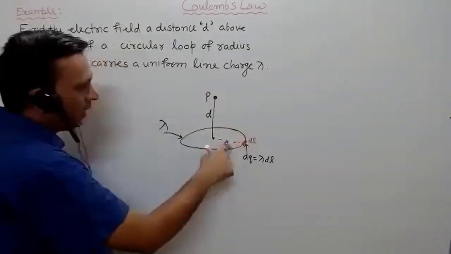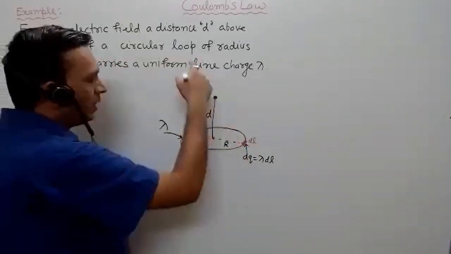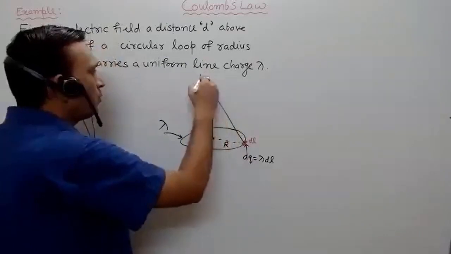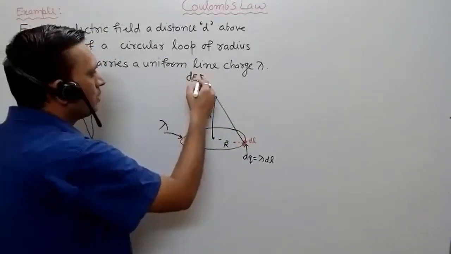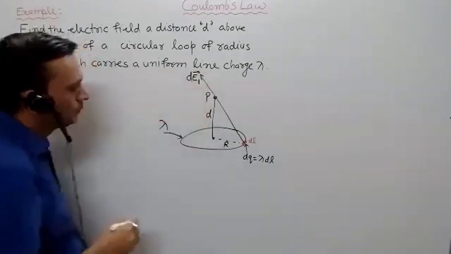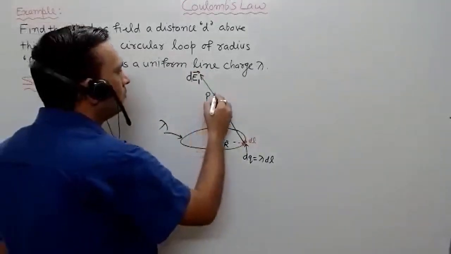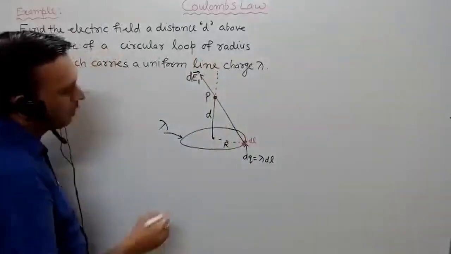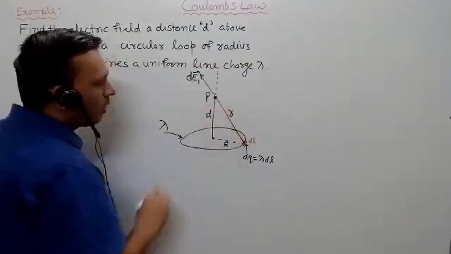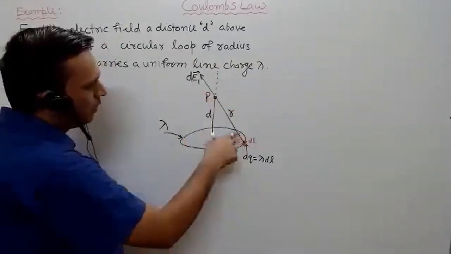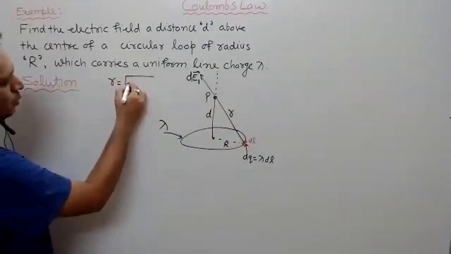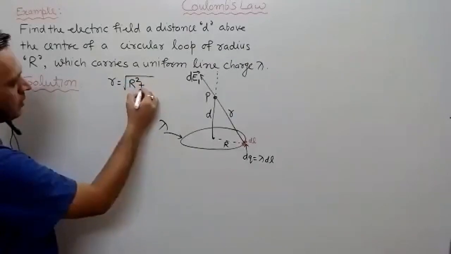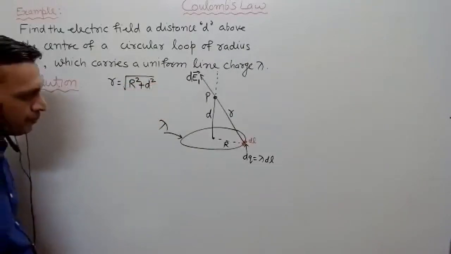So we have to first find the electric field due to this elemental charge. So at this point, assume this is dE1. Also assume this length is small r, where small r is given by under root R square plus d square.